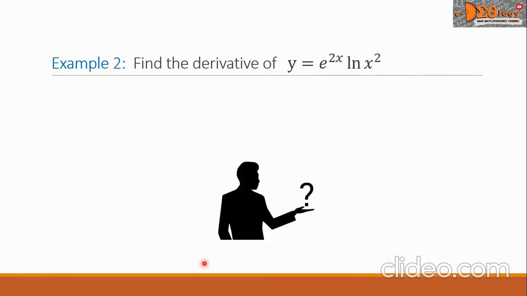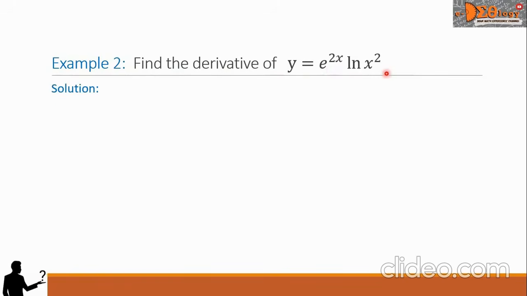Example 2. Find the derivative of y equals e raised to 2x times ln of x squared. For our solution, we take note that we have a product here of two functions. The first function is this e raised to 2x.